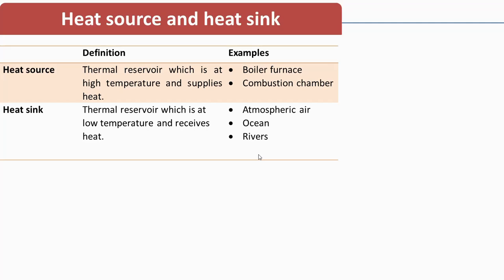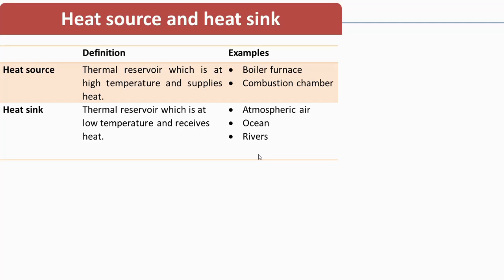The high pressure, high temperature gases expand on the piston of the IC engine, and then the exhaust gases are given through the silencer to the surrounding atmosphere, and there will not be much change in the temperature of the atmosphere because of those gases. So the atmosphere is the heat sink where we reject the heat, and the heat source is the place where we supply the heat to any particular system.